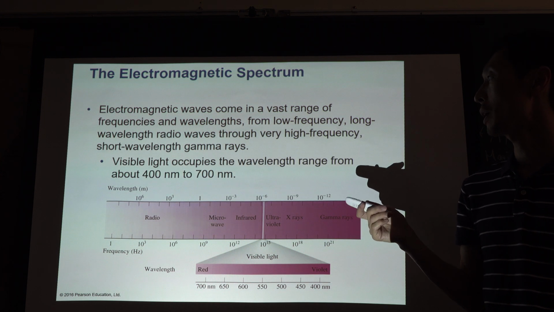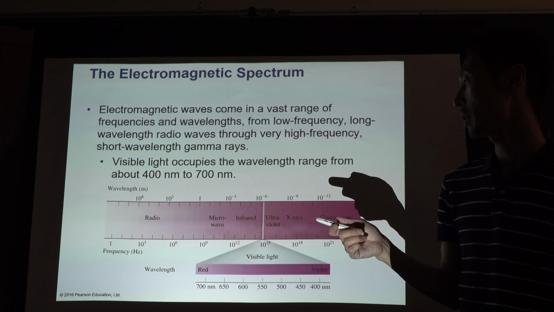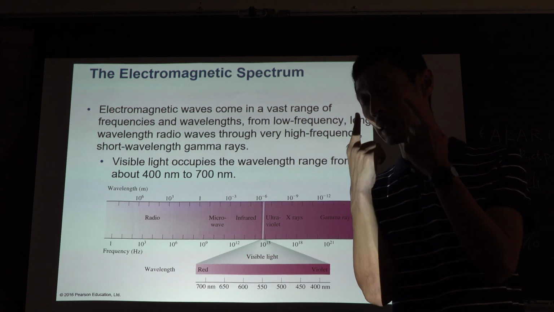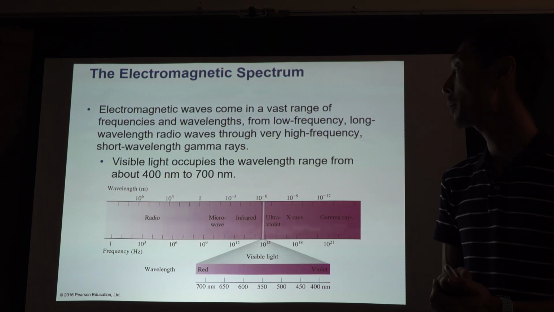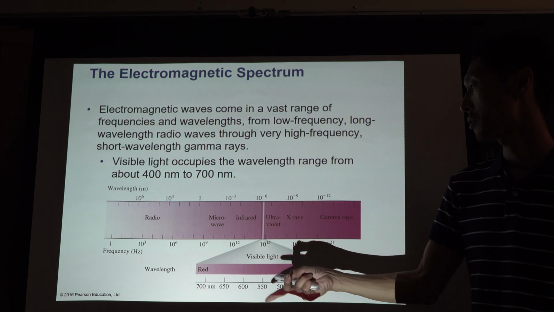Visible light occupies the wavelength range from 400 nanometers to 700 nanometers.